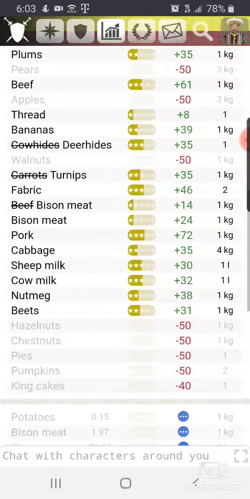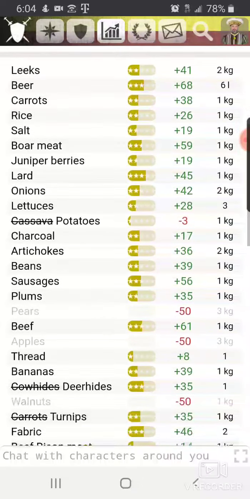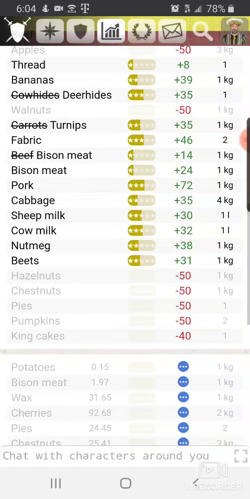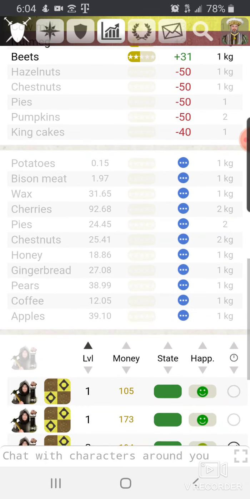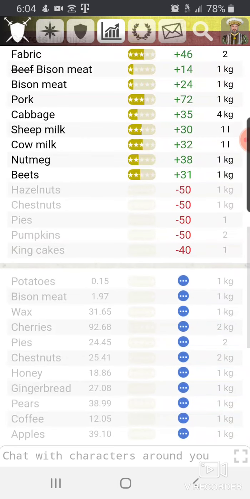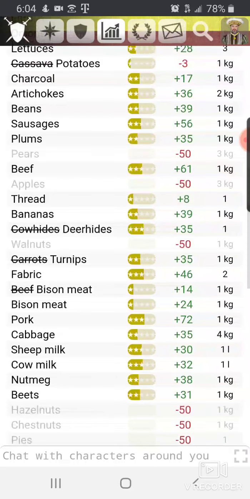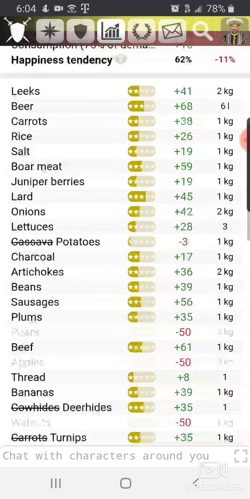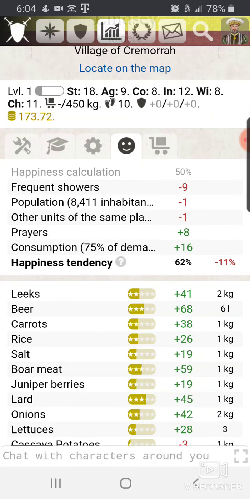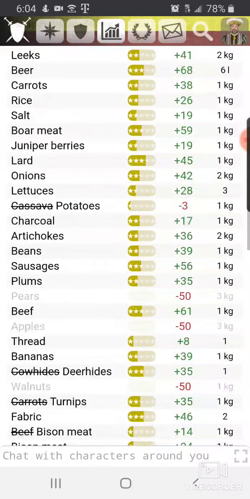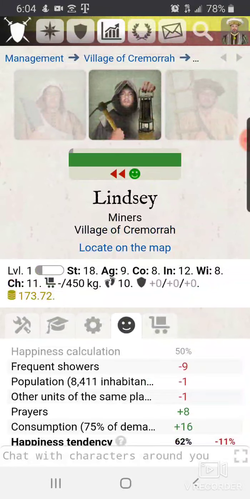So all of these items add to the unit's happiness, and then you have the pending ones, and after a certain amount of time, these will go away and then just become negative up in here. You can never fix those again until, I don't know how much time. I'm not an expert, but as you can see, he's going down, negative 11%. That's really bad. It's very bad. I'm in trouble. But we'll head back to where we were.